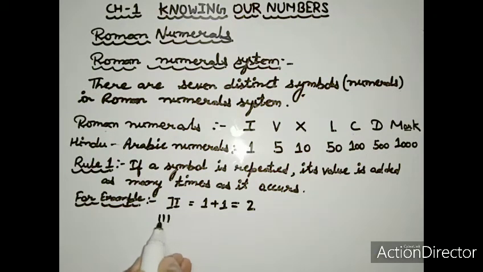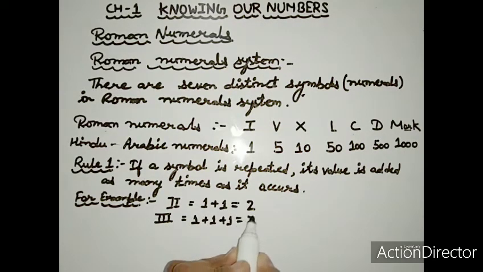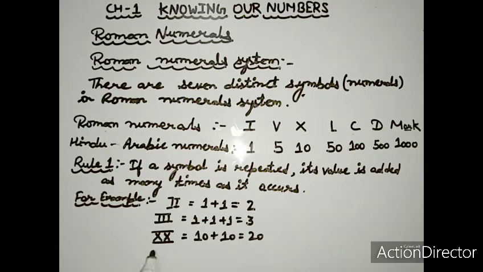If we write 3, then we use I three times: 1 plus 1 plus 1 equals 3. When we want to write 20, we use X two times. X means 10, then again X, 10 plus 10 equals 20. Same with 30, we use X three times: 10 plus 10 plus 10 equals 30.